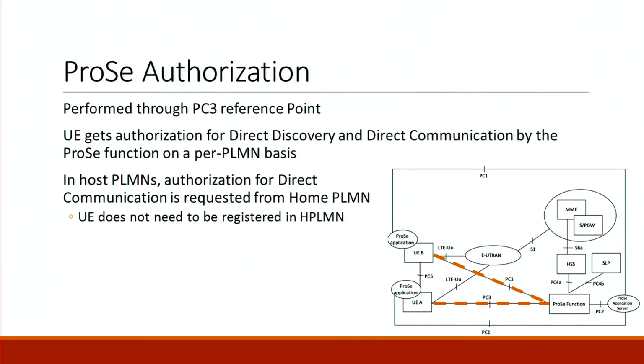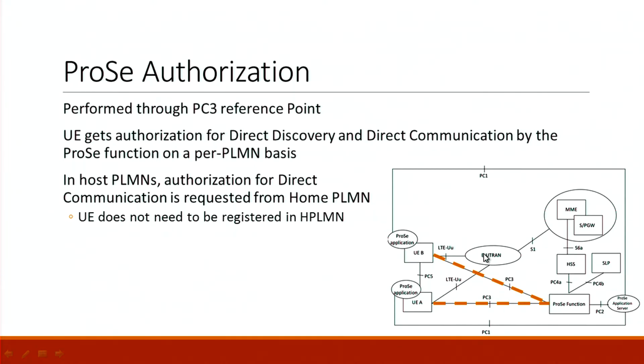The first step is you need to get authorization to use D2D. This is done through the PC3 reference point. So every UE that wants to use D2D or V2X, C-V2X, will send an authorization request to the eNodeB.